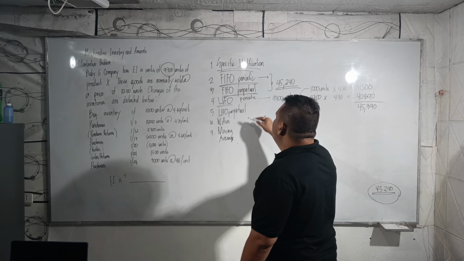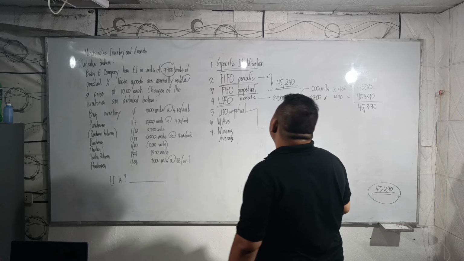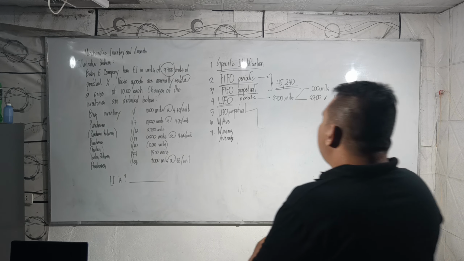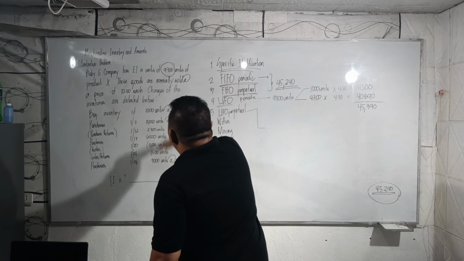Now let's go to LIFO perpetual. The same with the FIFO, it is not focused on the 9,700 units only. It will focus on analyzing all of the given.